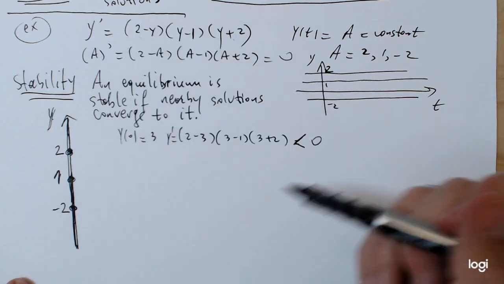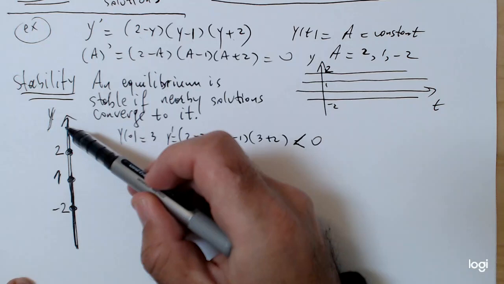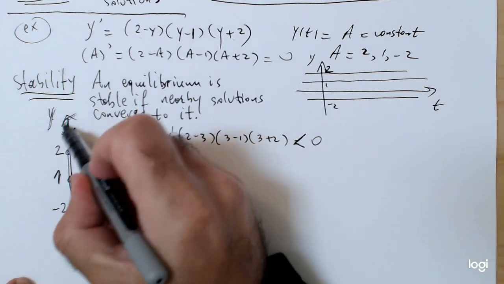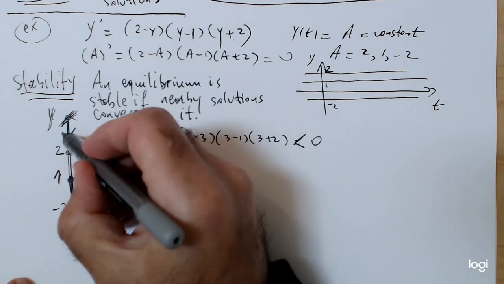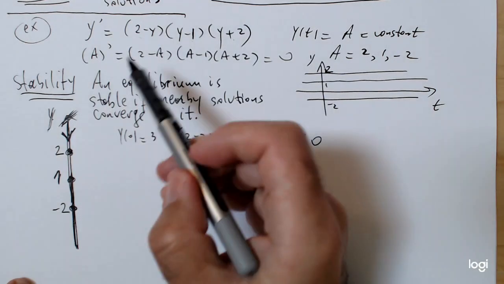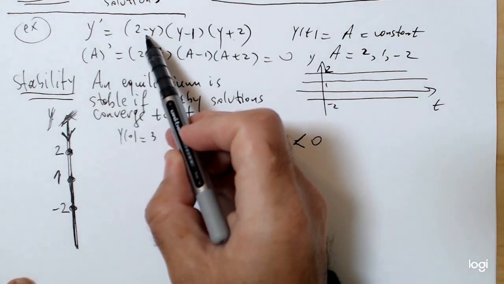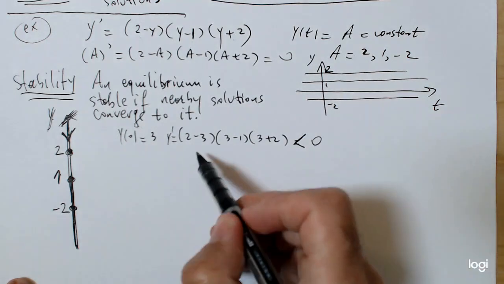So because y prime is negative, whenever you plug in something above 2, that means y decreases. And so you indicate this with an arrow pointing downward. Let me erase this part here because that may be misleading. So if you start above 2, the arrow points downward. And then between 1 and 2, again, you can plug in a test value. Let's say you plug in 1.5, and then that makes it positive, positive, positive again.